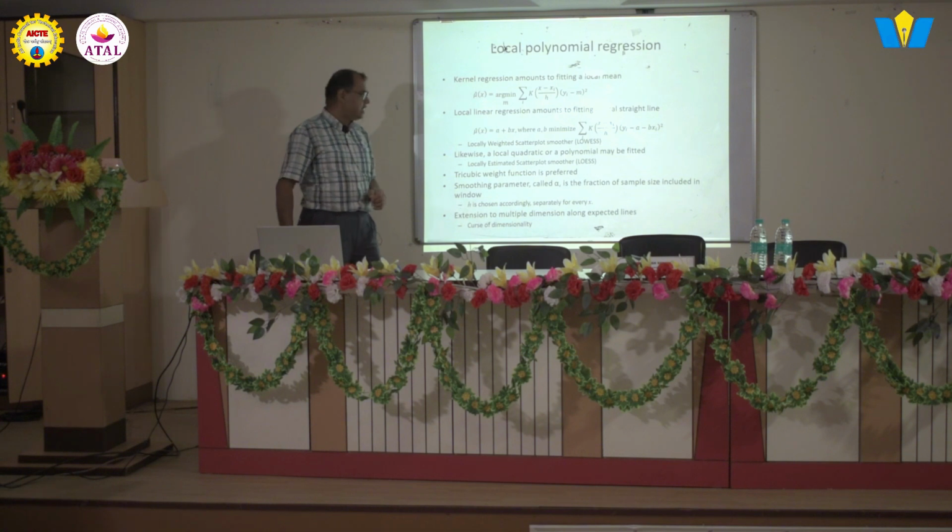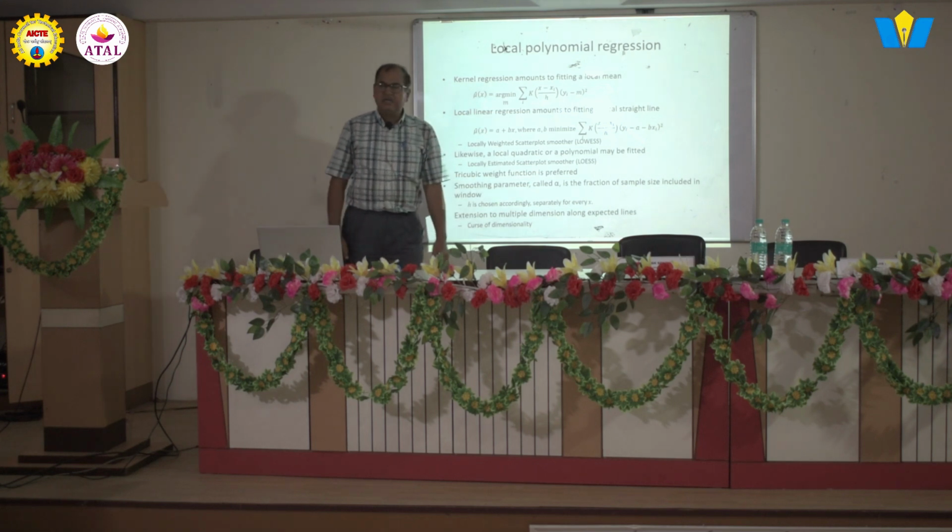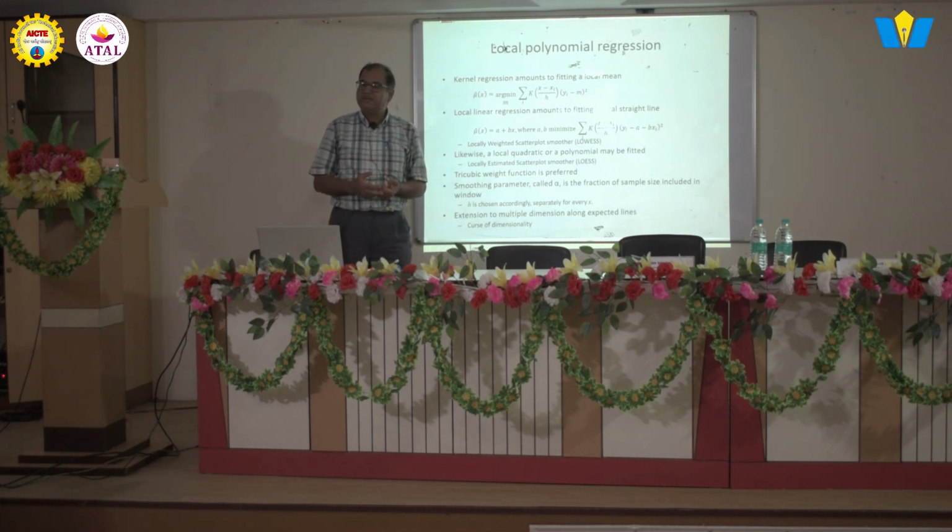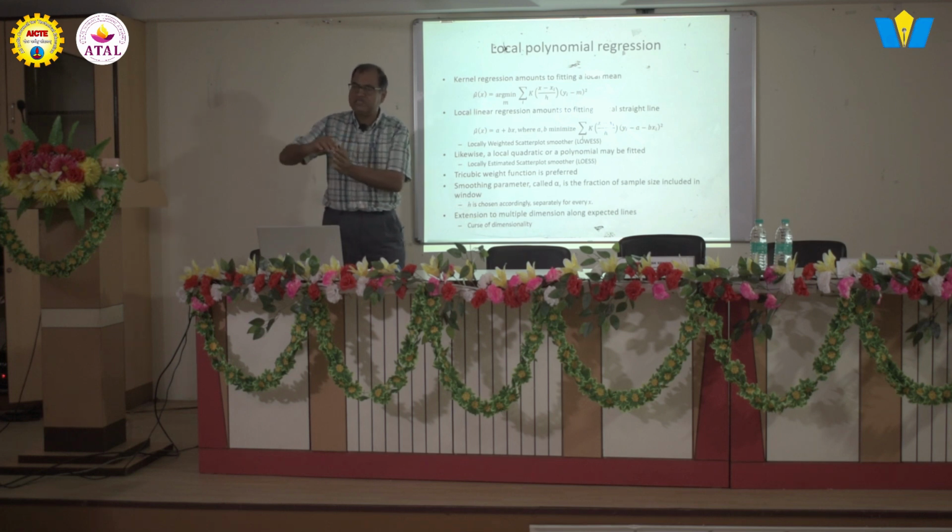The solution to that is called locally weighted scatterplot smoother, or LOWESS. If you look at the implementation of this, it will not look like a straight line. It's actually a small straight line at every location. And the moment you shift your location, the straight line changes. So you see a smooth curve, but locally it is a straight line.